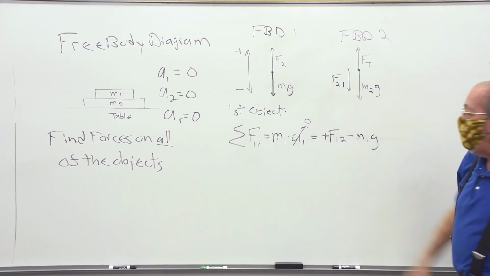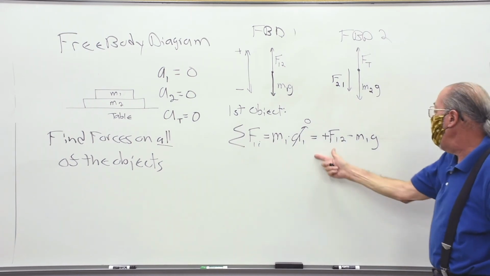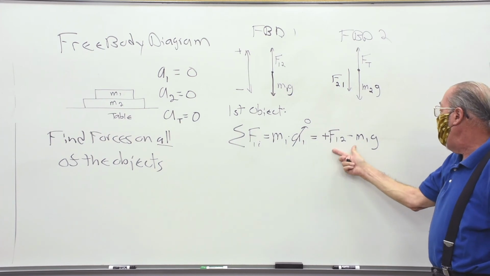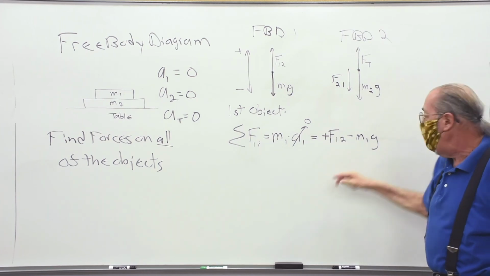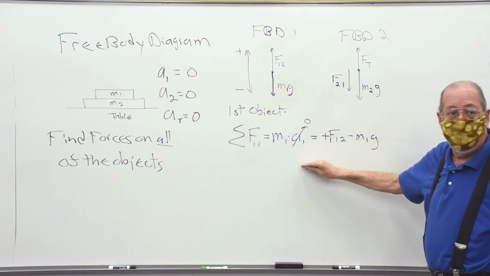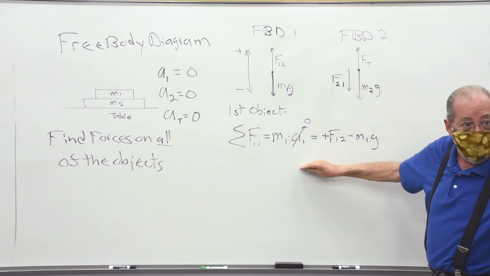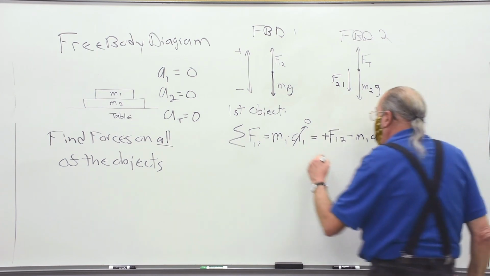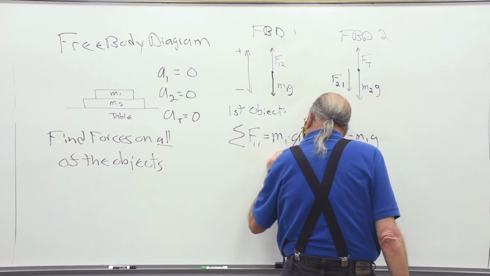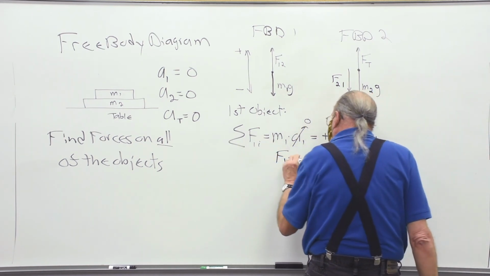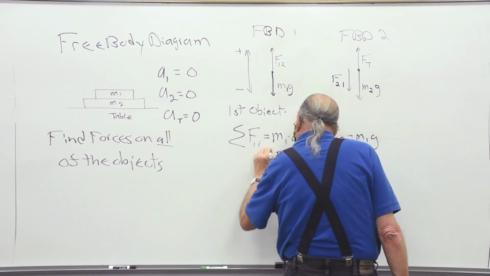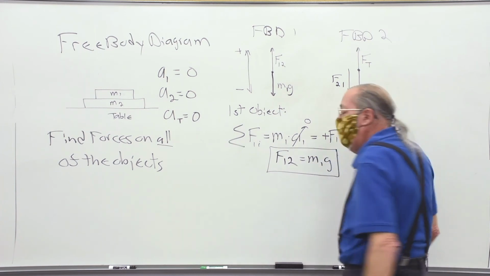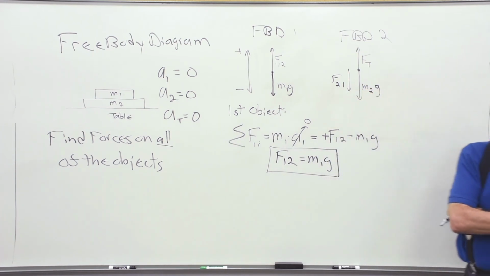So here's an equation. 0 is equal to F12 minus m1g, and therefore, moving the m1g over, we just proved what you wanted to say. We just showed that the force on 1 exerted by 2 is equal to the weight of the first object.